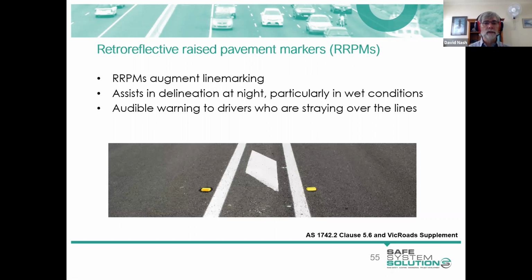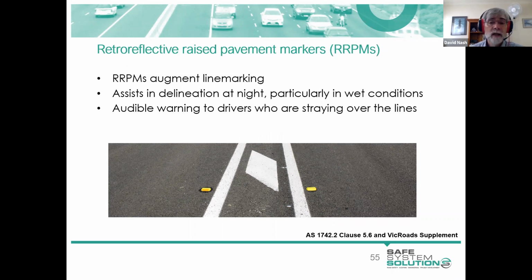So RRPMs are used to augment the line marking. I'm not sure there are any cases really where we use RRPMs without the white lines. Virtually always they're there to reinforce the white lines.